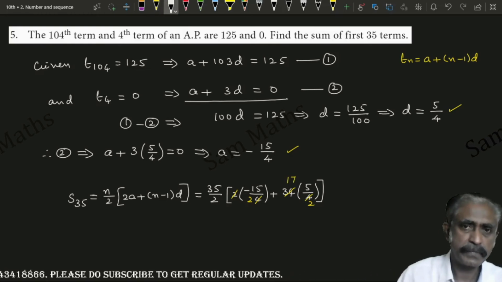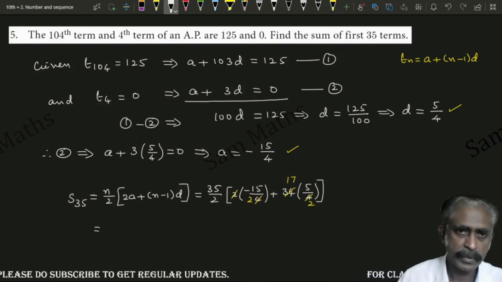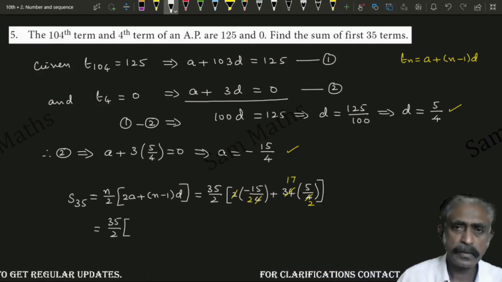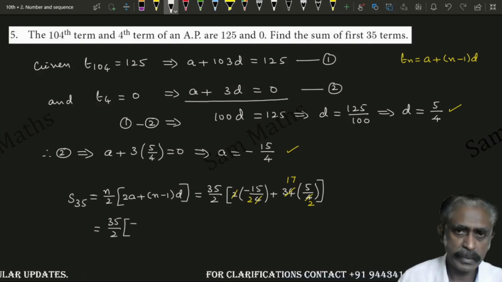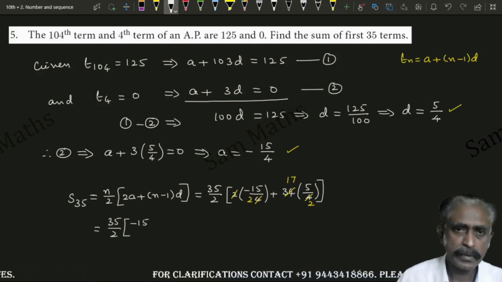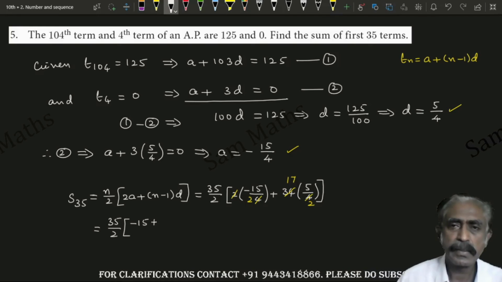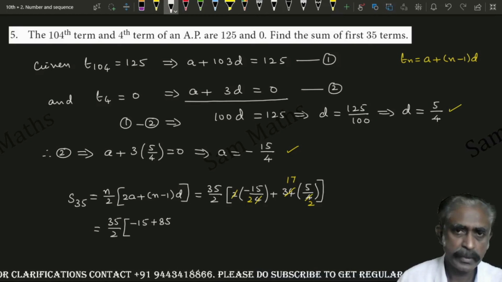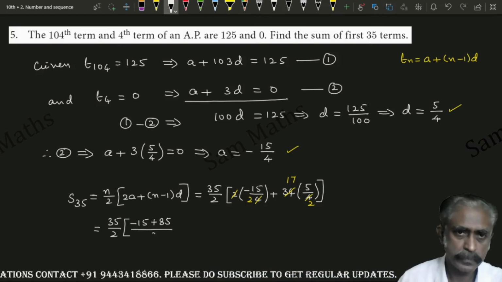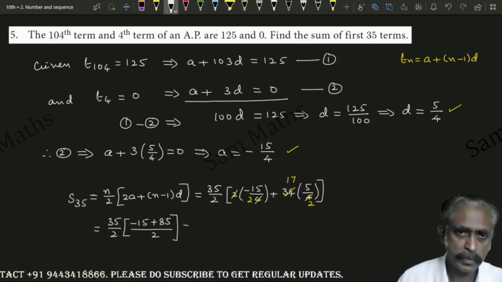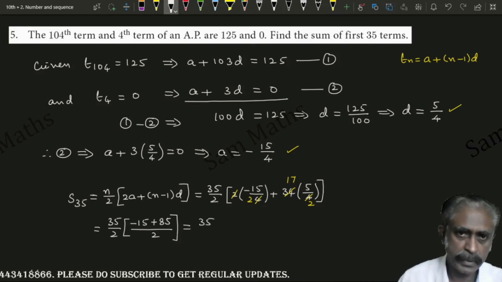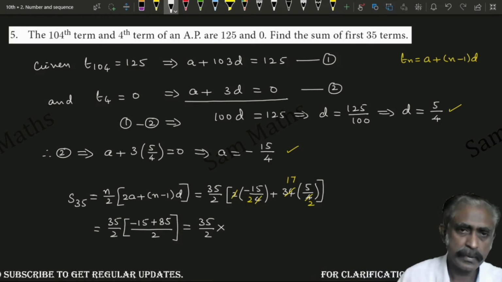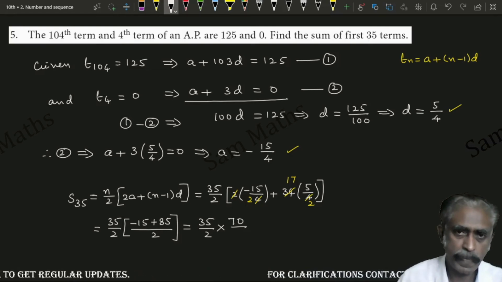Now we can simplify this. This is equal to 35 by 2 into, 2 is LCM, minus 15 plus 85, that is 17 5s are 85, divided by 2, which is equal to 35 by 2 into 85 minus 15, 70 by 2.